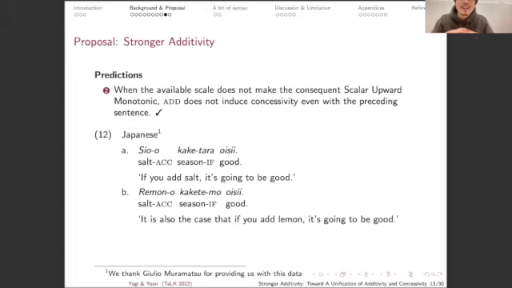If you read the instruction, "if you add salt, it's going to be good," and then in the next line you see, "it is also the case that if you add lemon, it's going to be good too." It's just adding some information. We are not making any scale in this context. So although we have the additive particle here, we do not see any effect of concessivity or strong additivity. We don't see concessivity here because we do not have any scale which makes the consequent scalar upward monotonic in this context.